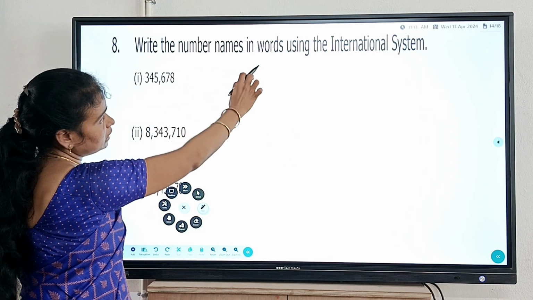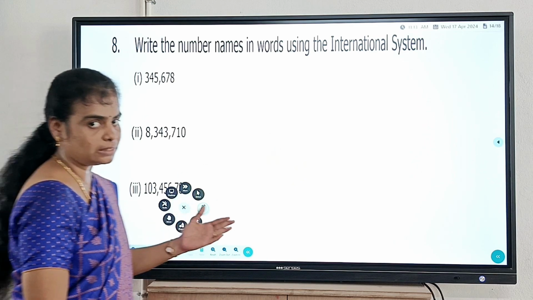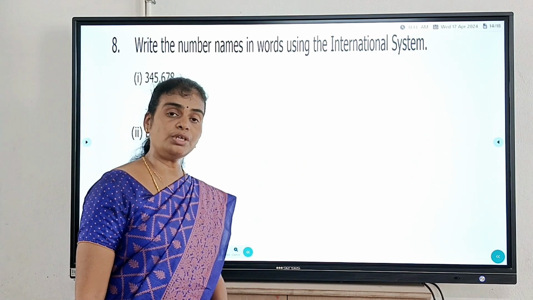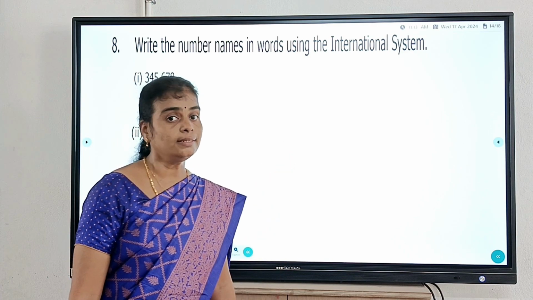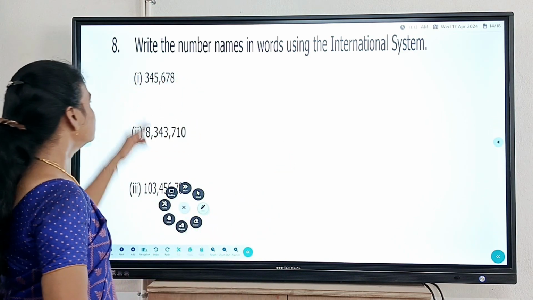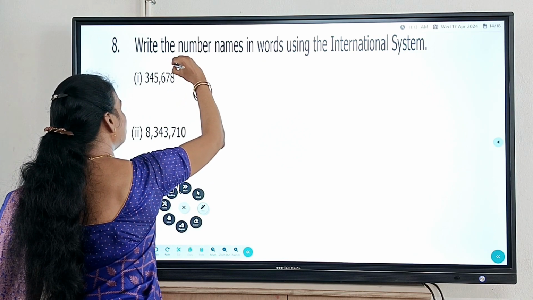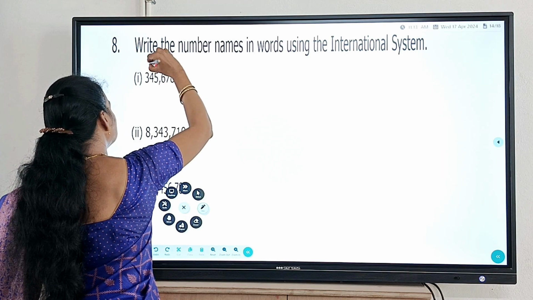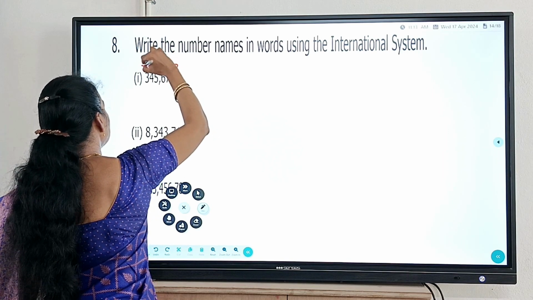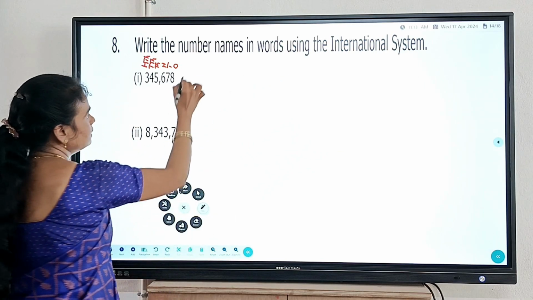Write the number names in words using the international system. So same like the previous sum, but in the previous one we wrote the number name in the Indian system, and now we are going to write it in the international system. So the first one, you have to write the place values. So this will be ones, tens, hundreds, thousands, 10,000s, 100,000s, because it is in the international system.